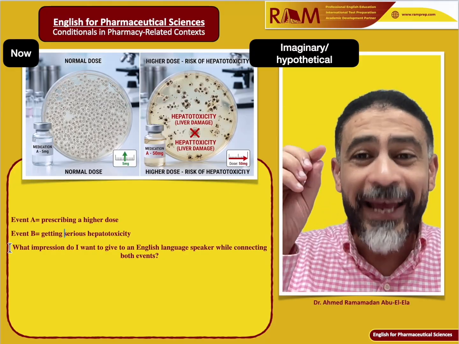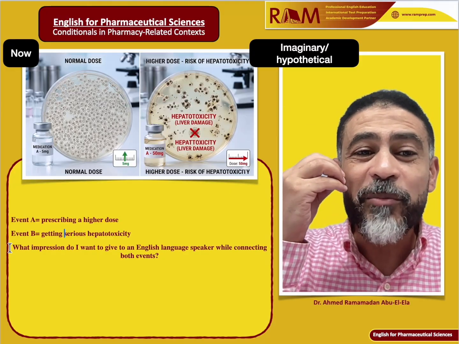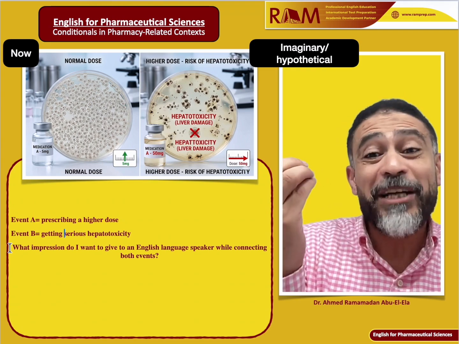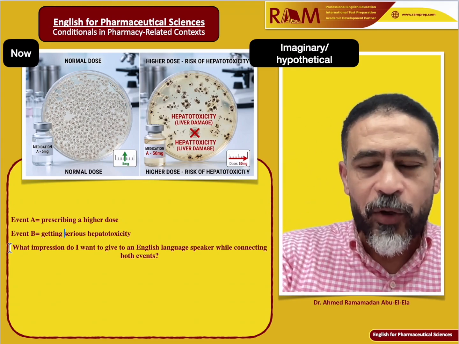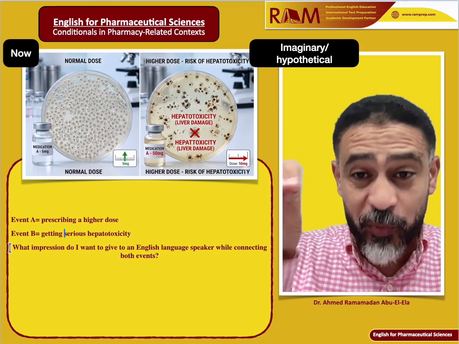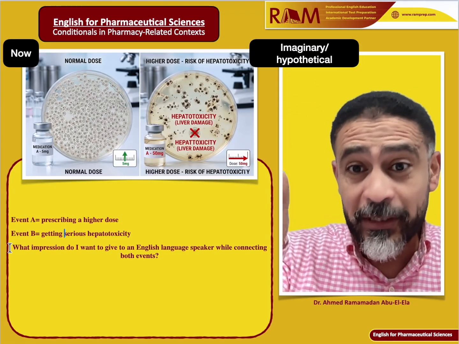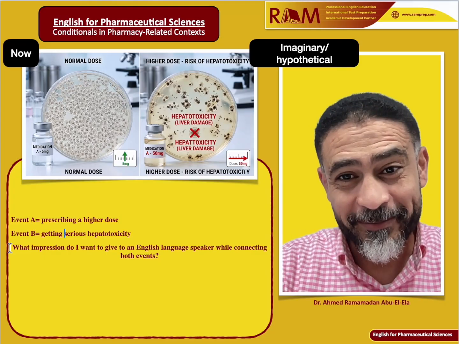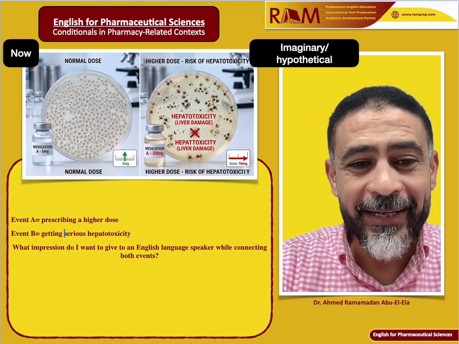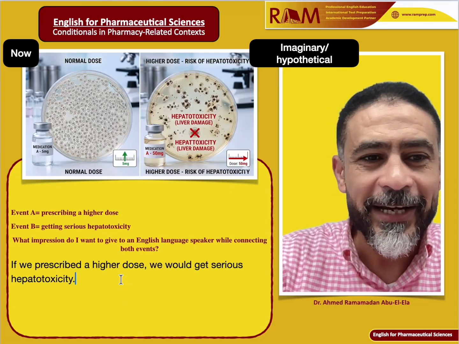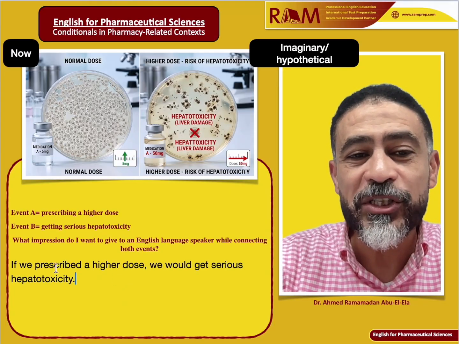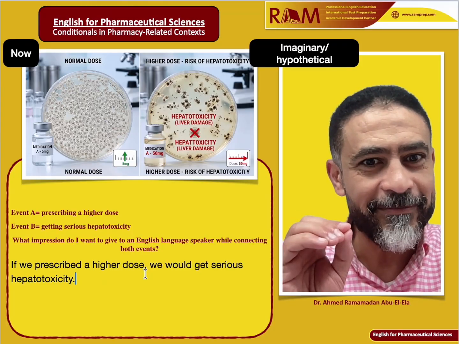Okay, and based on prescribing a higher dose, which is imaginary, which is hypothetical, a hypothetical or imaginary result will or would happen. So I can get this in one sentence using the second conditional, and I can say, if we prescribed a higher dose.